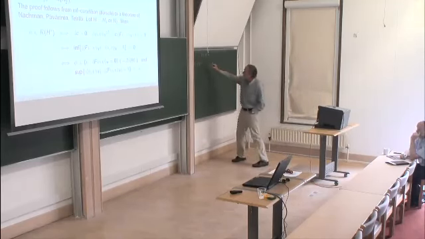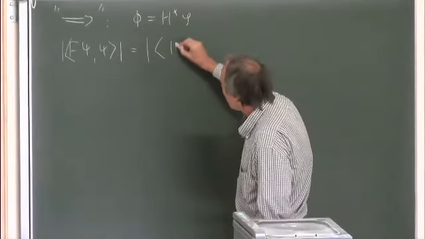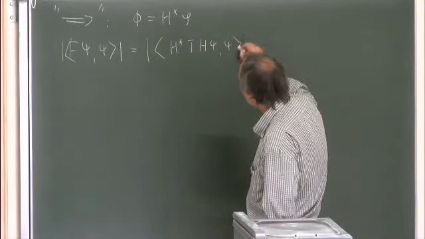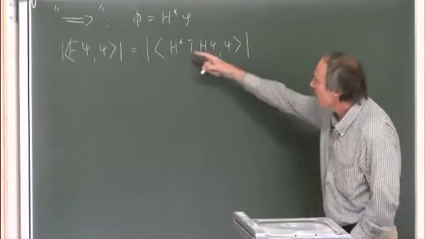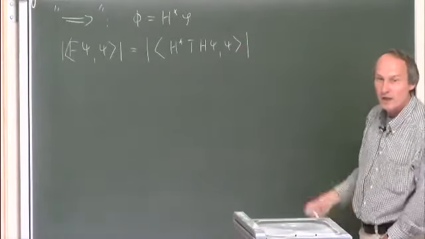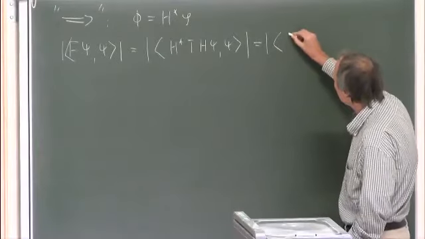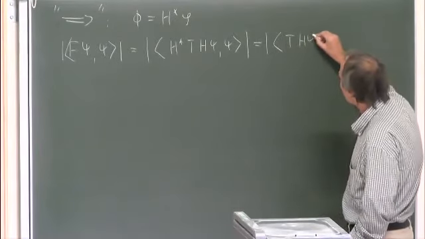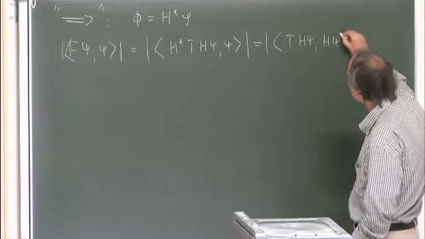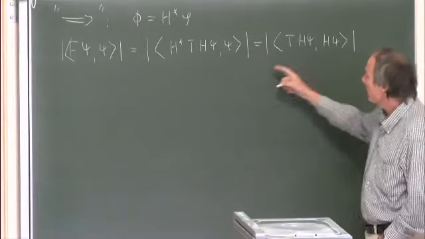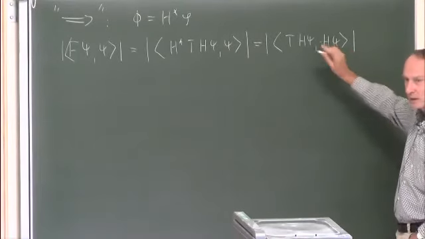So it is H* T H psi. So very, very simple. Now you put the H* over, that's the definition of the adjoint. So you get T H psi, H psi. So this is of course in the space Y, and this is now in the space X, but I dropped that.